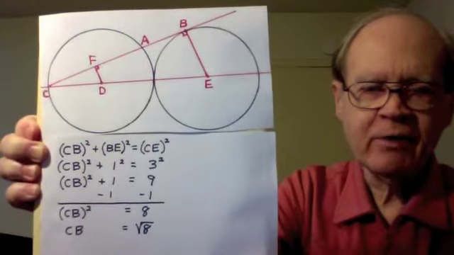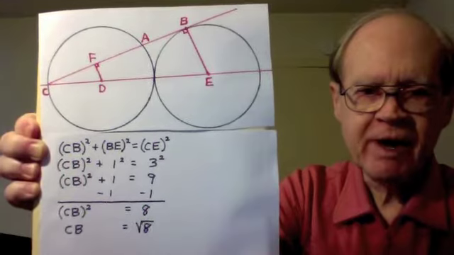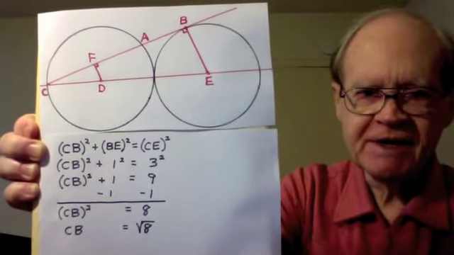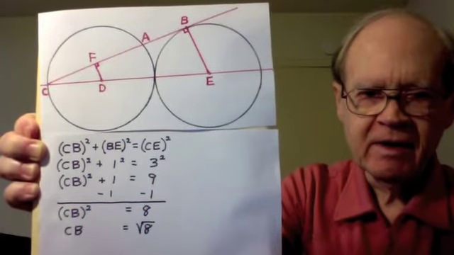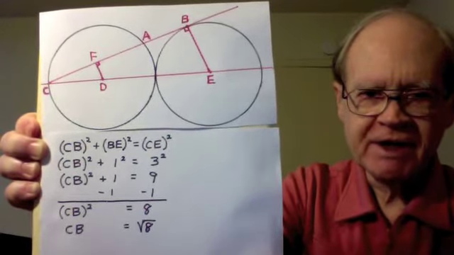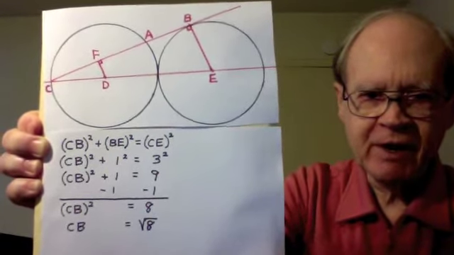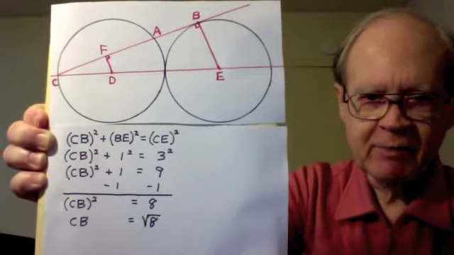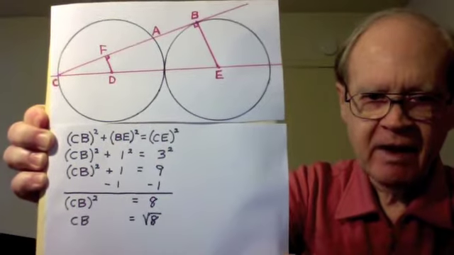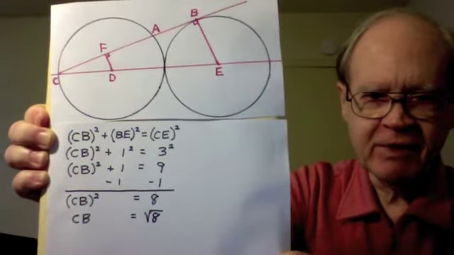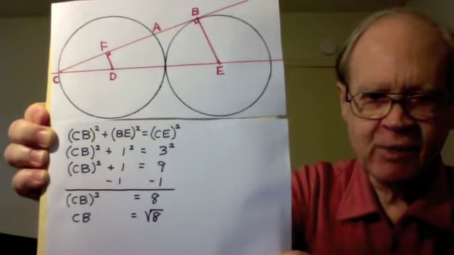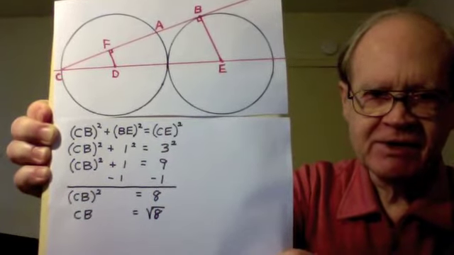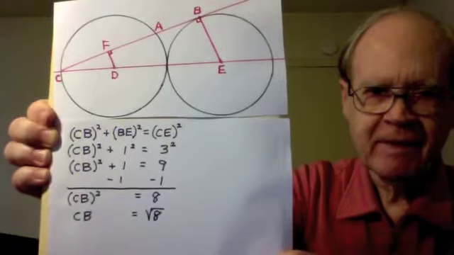By the Pythagorean equation, I have CB squared plus BE squared equals CE squared. BE is 1 and CE is 3, so we have CB squared plus 1 squared equals 3 squared. That's CB squared plus 1 equals 9. I subtract 1 from both sides of the equation, and I now have CB squared equals 8. So the length of CB is the square root of 8.